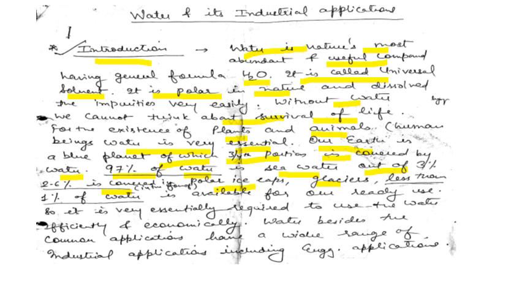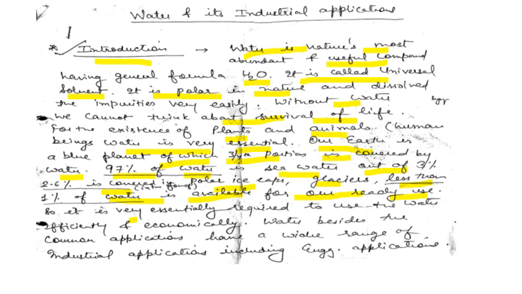So if 2.6% is covered in polar ice caps or glaciers, how much remains? It remains only 0.4%, meaning less than 1% of the water is available for our ready use. This is very important to know, the amount of water we have in use.